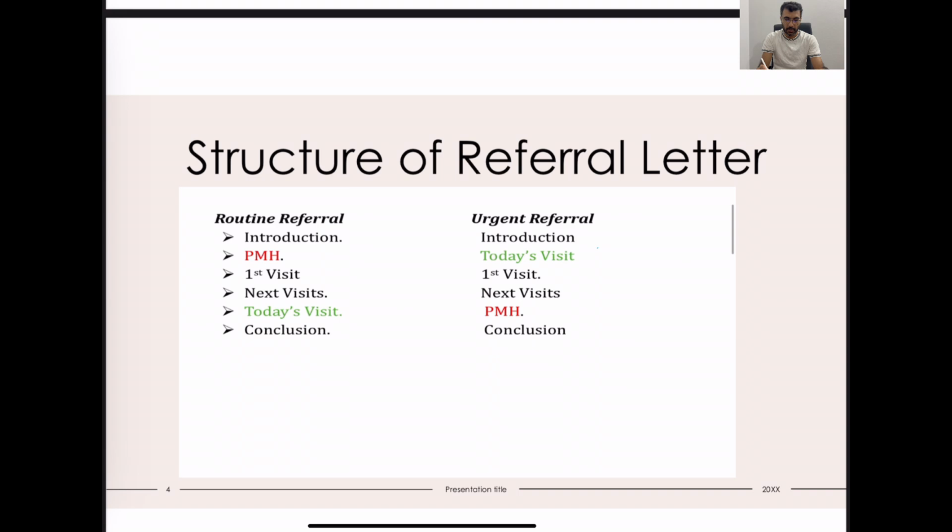We are moving past medical history to the end here, and we are bringing today's visit first, immediately after introduction here. So that's the main difference. Let's see the sample letters.